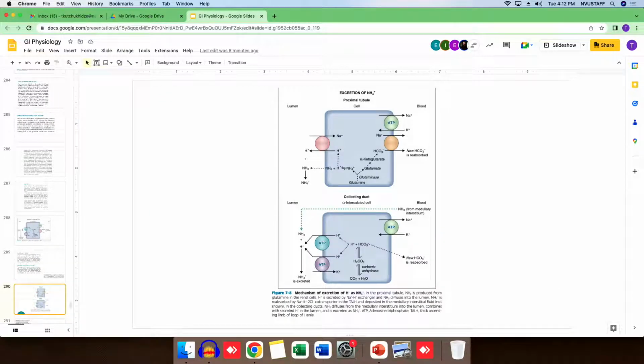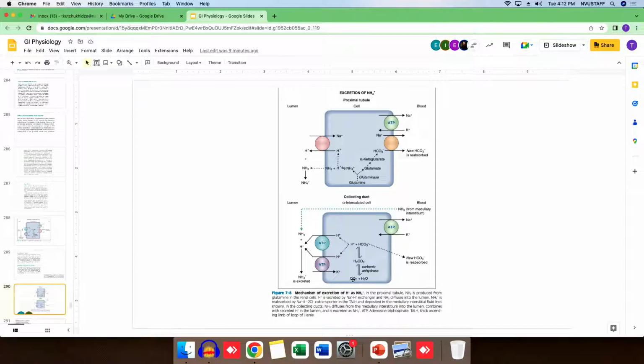So let's start with the proximal tubules, and as you see, wait a minute, where are we getting NH4 from? From urea, yeah, the urea cycle is correct, one of them. Also, when we have glutamine inside the cell, and it is degraded, we get NH4 and glutamate, right?